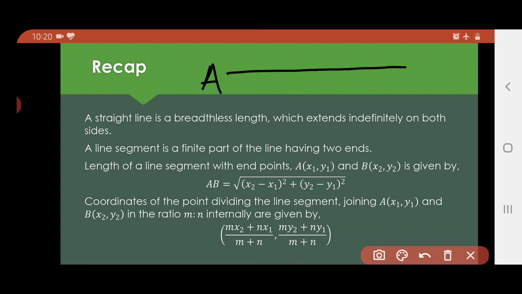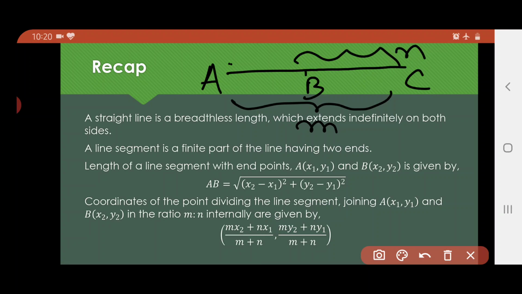If I have the line segment somewhere here, AB, and I am trying to find the point C which divides the line segment AB in the ratio m is to n externally, meaning this part is m and this part is n, then this point C will be given by the same formula, except that instead of the plus I will have a minus sign, both in the numerator as well as in the denominator.